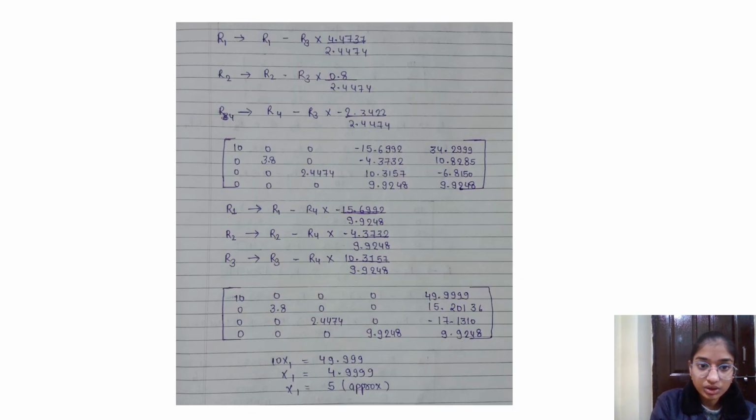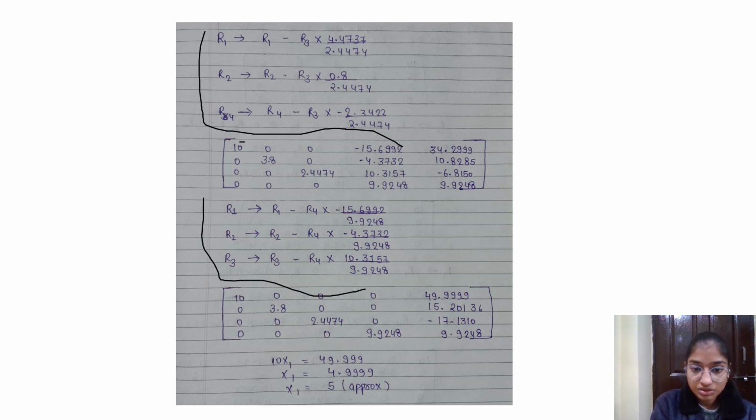Now again applying some operations, we will get this matrix, and again by applying some operation we get the following matrix, and this is our final matrix. As you can see, we get 0 below and above the diagonal.